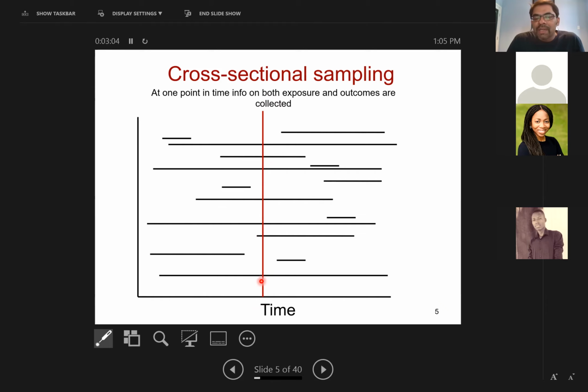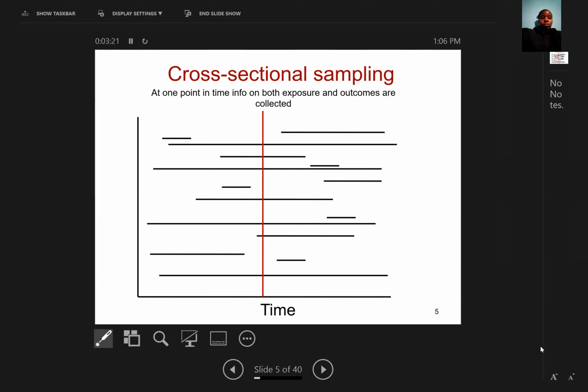So exposures and outcomes are both collected simultaneously, which is also an issue because temporality is never clear from cross-sectional studies. You can't quite tell which came first, right? Whether the exposure came first or the outcome came first is not easy to determine in a cross-sectional study.